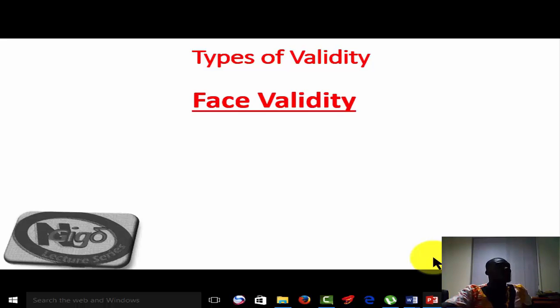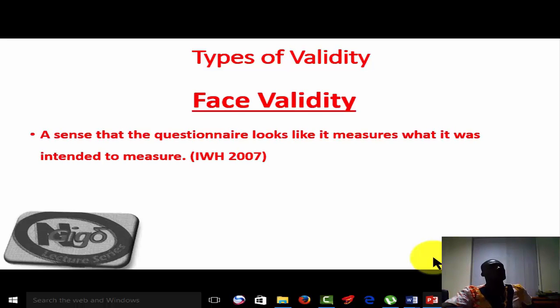It is the sense that a questionnaire looks like it measures what it was intended to measure.